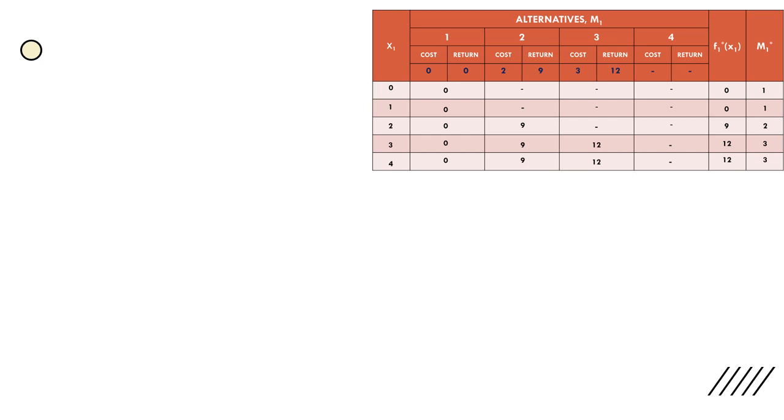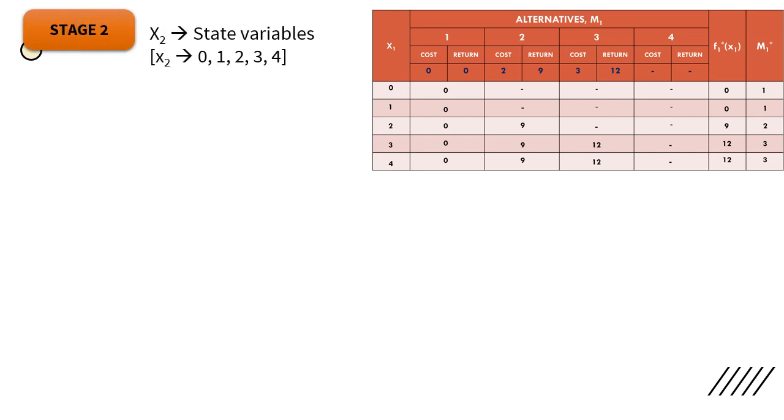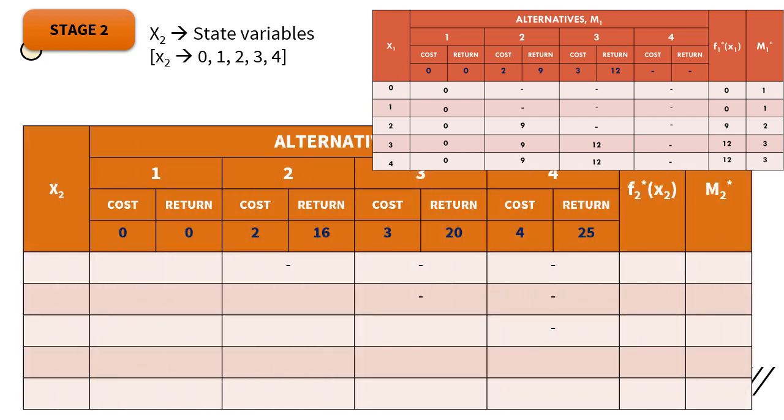Next we'll go for stage 2. In stage 2, again the state value is 0, 1, 2, 3 and 4, and my previous table is here. The new table for plant 2 is indicated here, which is having 0, 1, 2, 3 and 4. So for 0 it will be 0 here, and the maximum is 0 and the best alternative is 1.